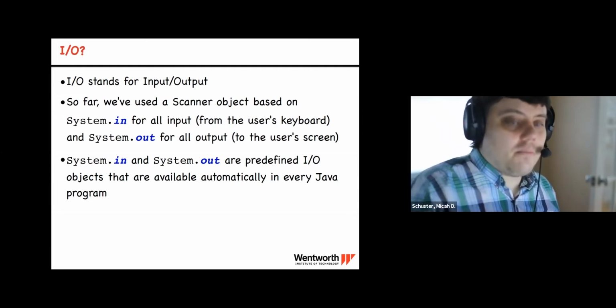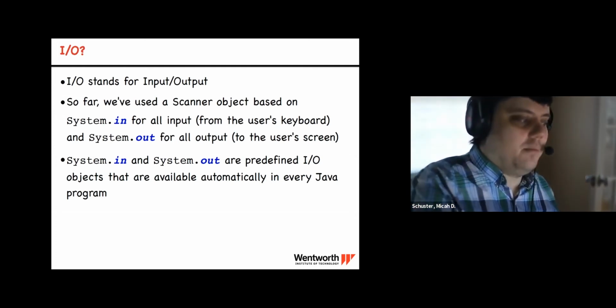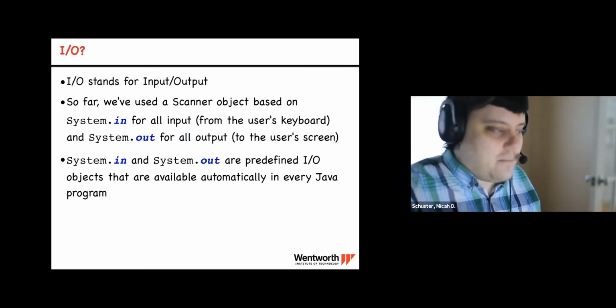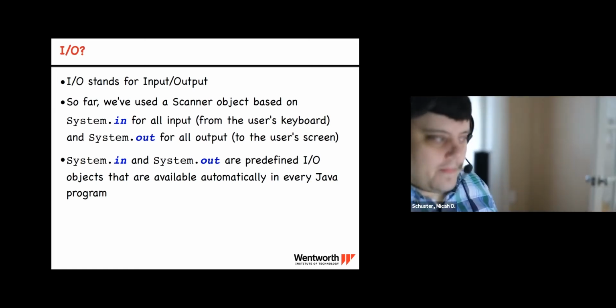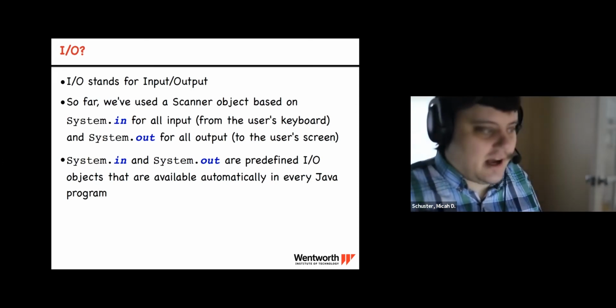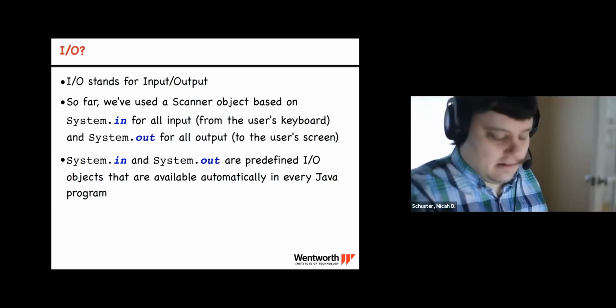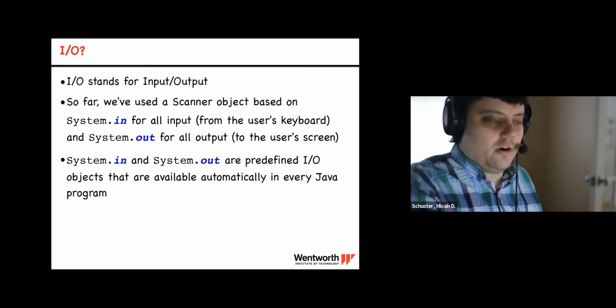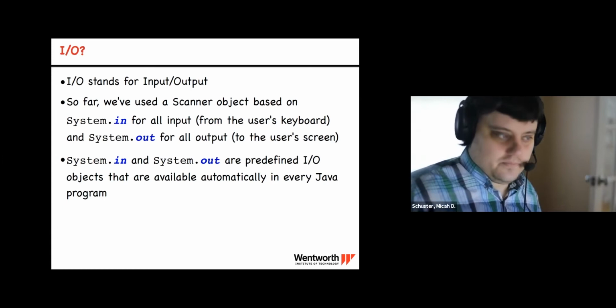Those are predefined input-output objects, and Java includes them automatically in every program. So we can use System.in plus a Scanner, and we can use System.out plus a function like printf to read from the keyboard and print to the console.